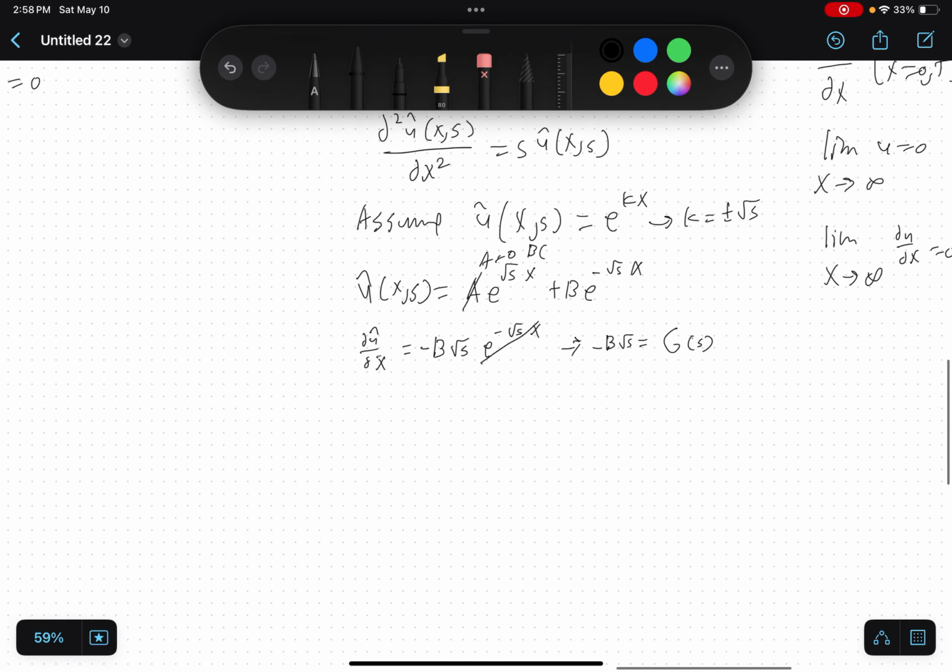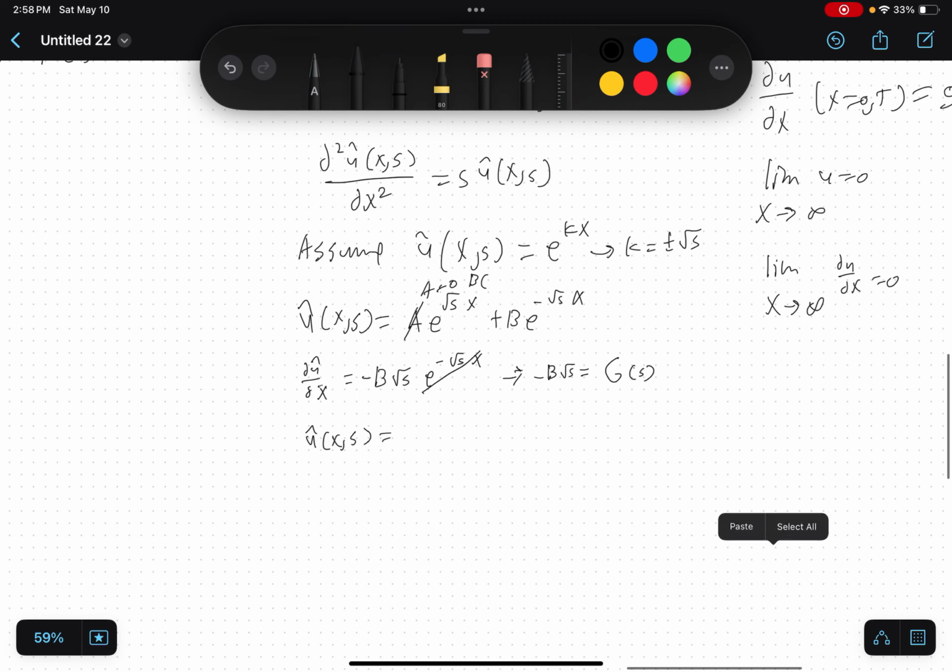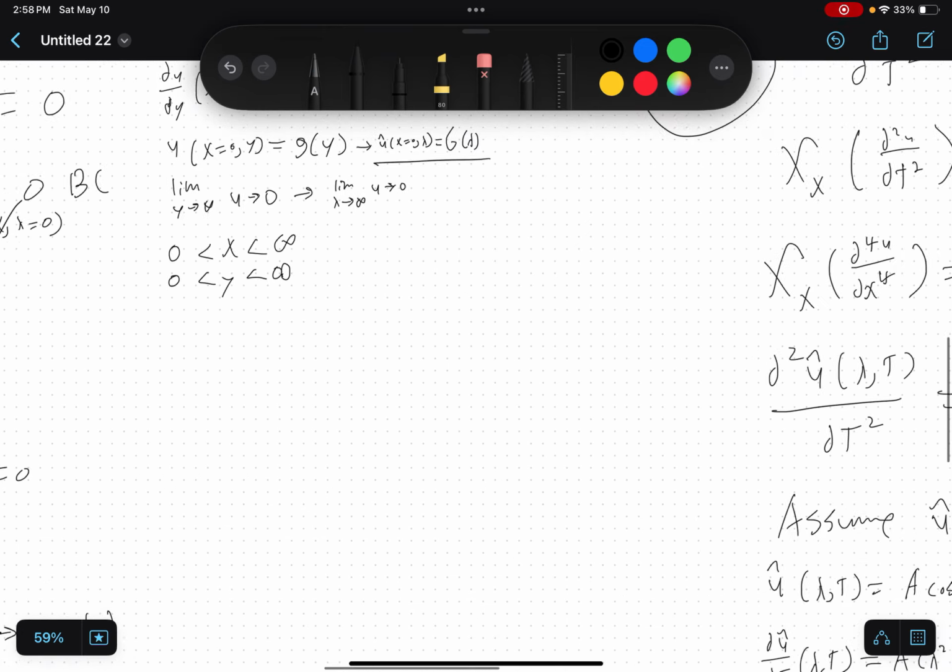Yeah, that's literally it. When we get u, which is negative g of s over root s, e to the negative root s x. Yep, and then how do we untransform that?